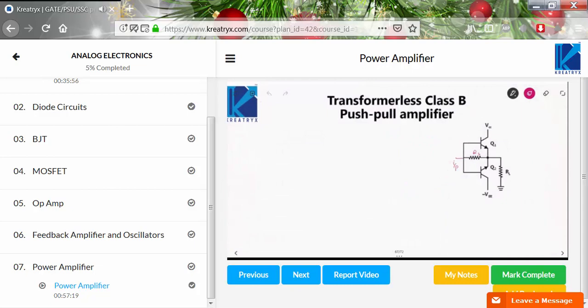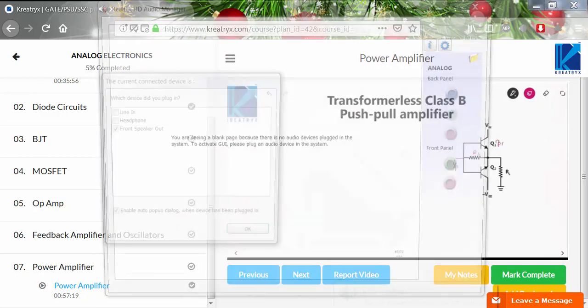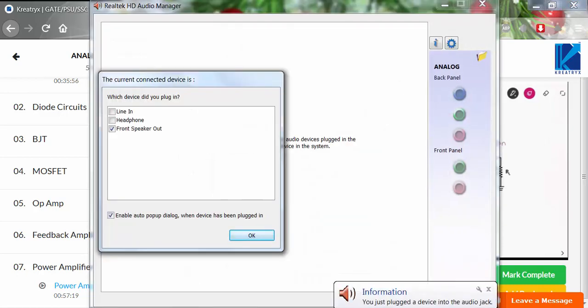Next, transformerless class B push-pull amplifier. It does not require any transformer, hence it is suitable for fabrication of silicon chip. It uses a pair of complementary transistors. See the figure once: Q1 is an NPN transistor and Q2 is a PNP transistor, right?